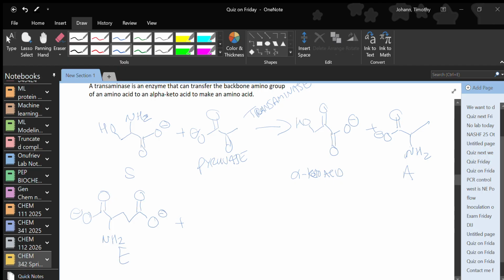Do you know any other things that are one step away and an amine from one of our intermediates? Do you remember any other ones from the citric acid cycle or glycolysis? How about oxaloacetate? Oxaloacetate is one amine away from aspartate.